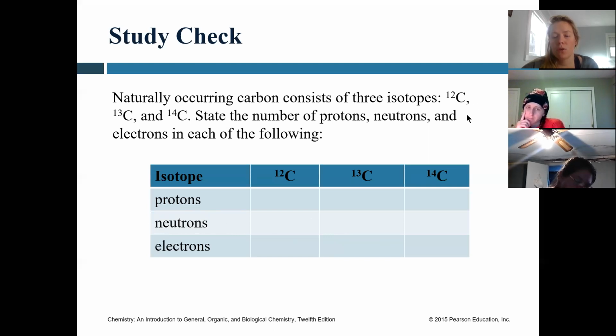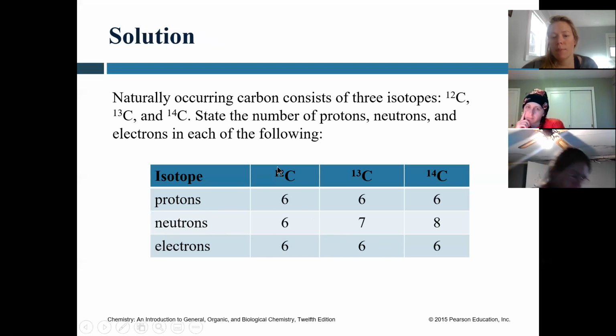So you want to take your atomic mass and subtract the atomic number, or the protons. So 12 minus 6 will give me a remainder of 6. Carbon 13, we subtract out 6 for the protons, we end up with 7.